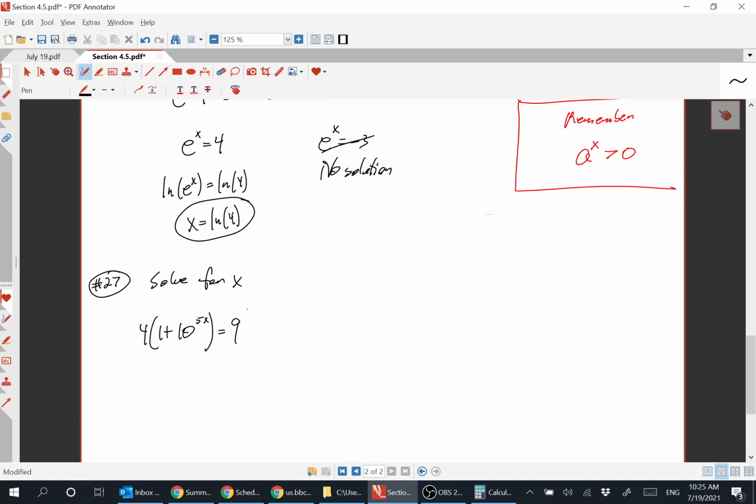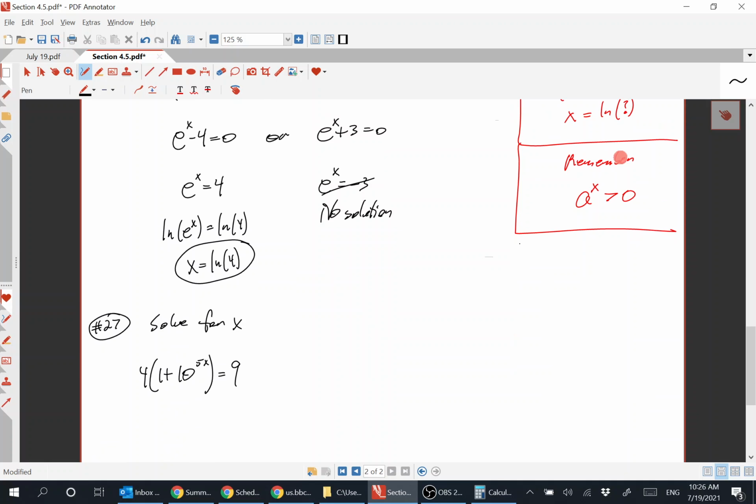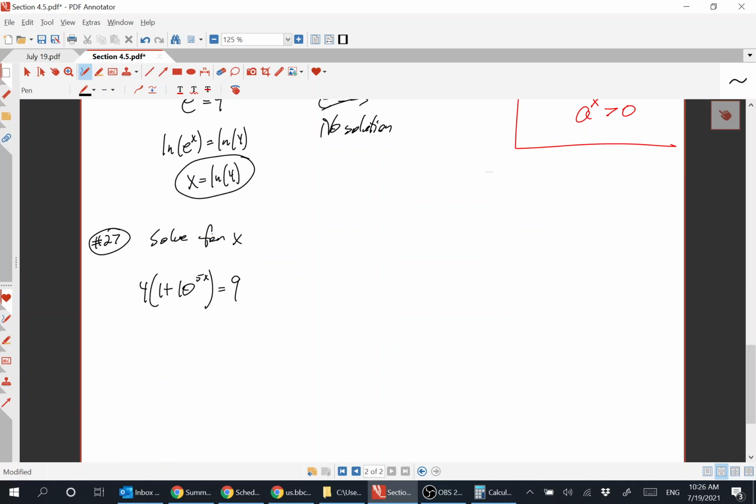So we want to get it down to this kind of thing: e to the x, in this case 10 to the x, equals something. So essentially you want to solve for the exponential expression first.